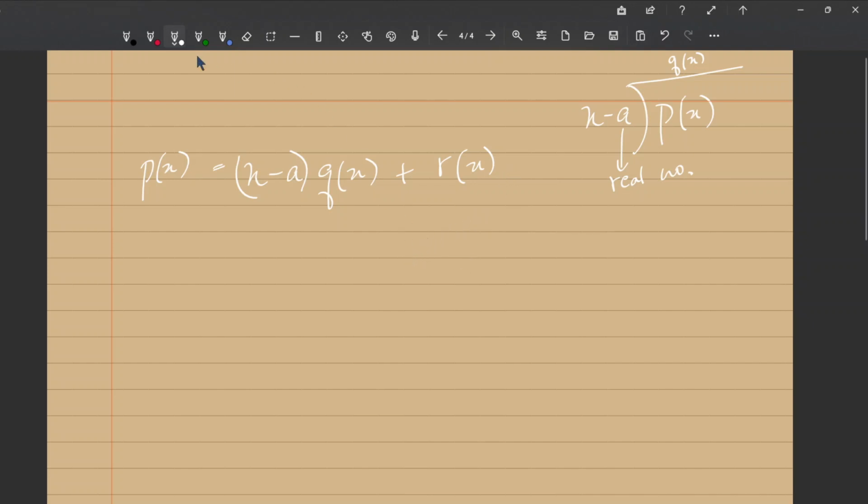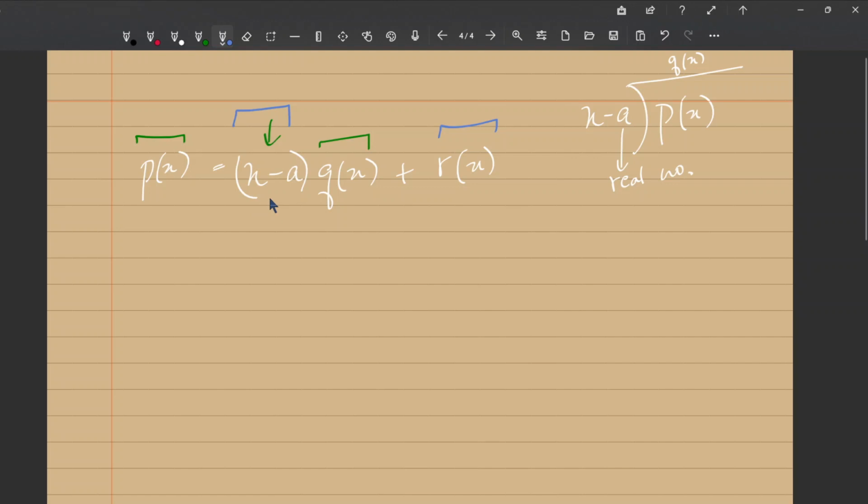But the thing to note is the degree of the quotient will, of course, be less than the degree of p of x because we have divided by some factor, right? And the degree of r of x will be lesser than the degree of x minus a because it's a remainder. If the degree were greater than the degree of x minus a, we could have still continued the process of division.